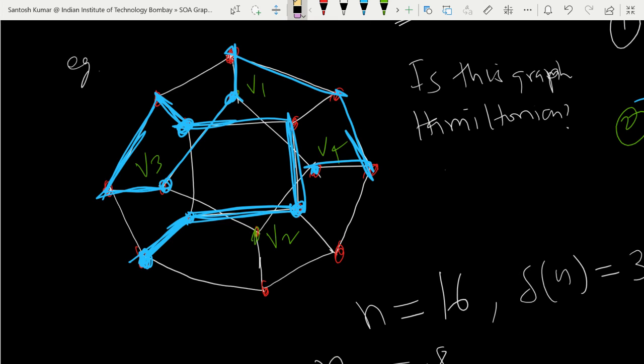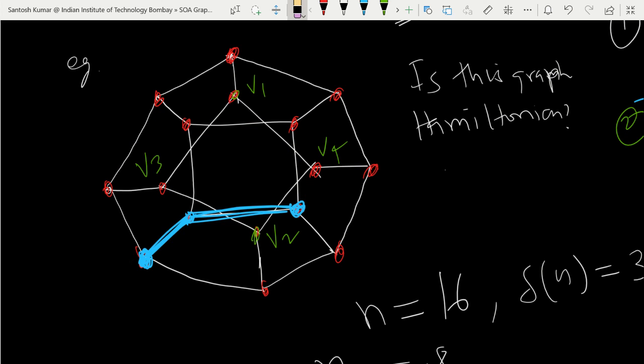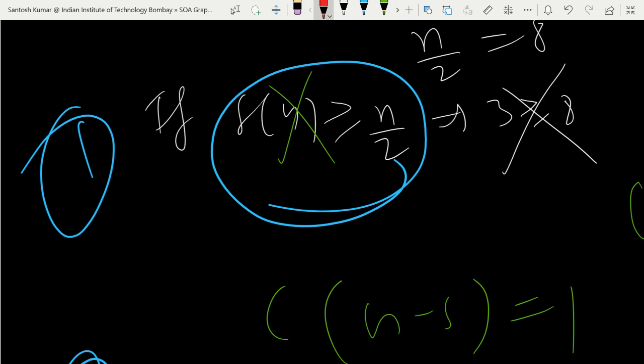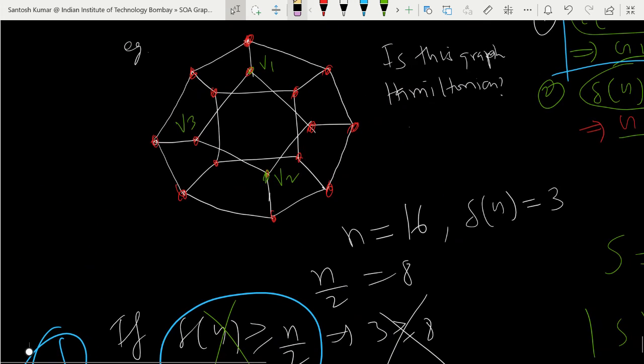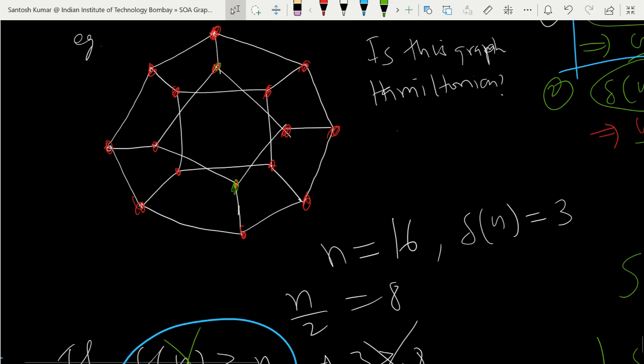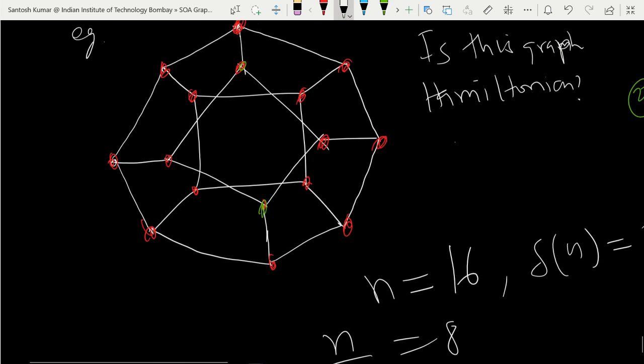Let me first label the vertices, then it will be fine. I was trying to explain how you will use the result. Now, if both results fail, then you can do this.